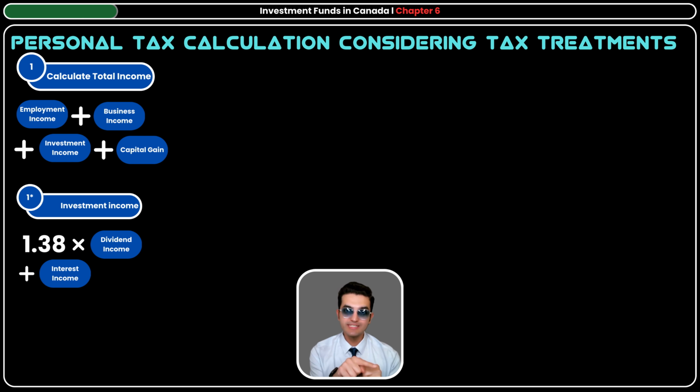You need to report all the interest income you earned from bonds. But for dividends, there is tax treatment. So to calculate your investment income, you have interest income plus your dividend income grossed up by 38%.